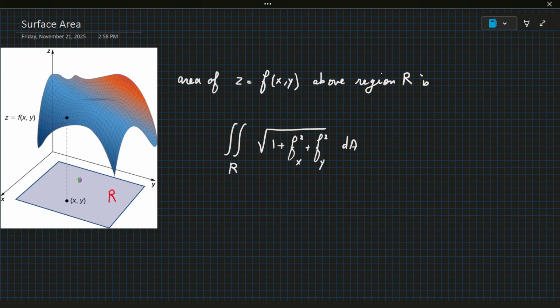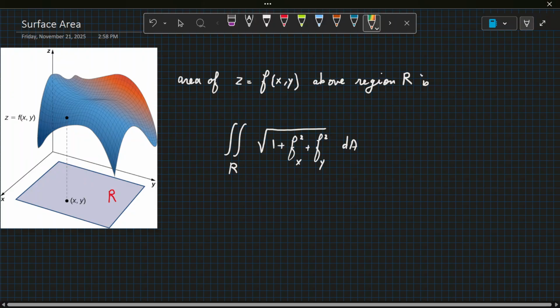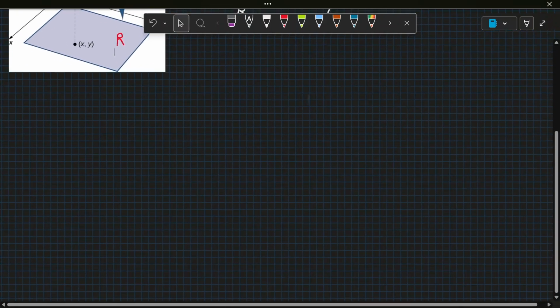Okay, several things to take a look at. Let's start with a basic idea from trigonometry.